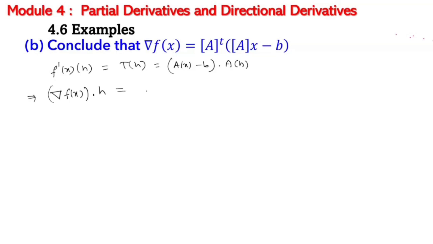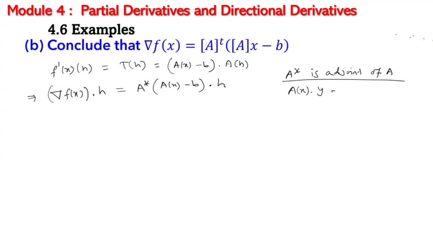So this is equal to A star (Ax minus b) dot h, and A star is the adjoint of A, which is defined as Ax dot y is equal to x dot A star y.